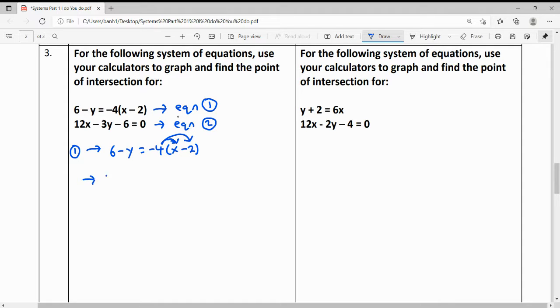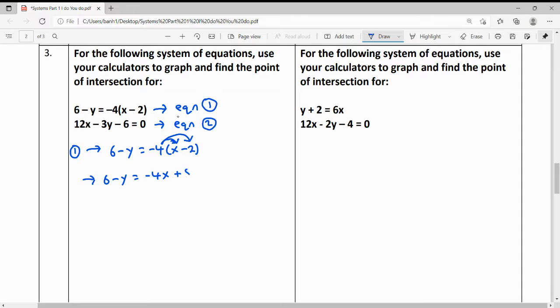If I do that, my left-hand side remains the same, and my right-hand side should be negative 4x. And this part is interesting. This should be positive 8 because it's negative 4 times negative 2, and two negatives give you a positive.